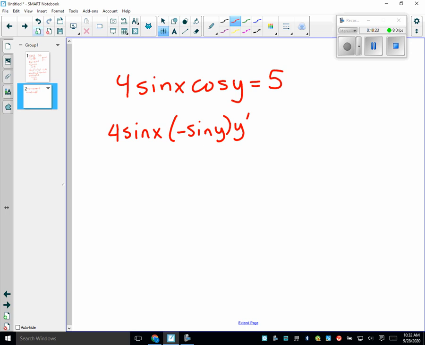I don't take the derivative in the middle of the trig, do I? Plus the second, what's the derivative of the first? 4 cosine x times 1, equals 5... 0.